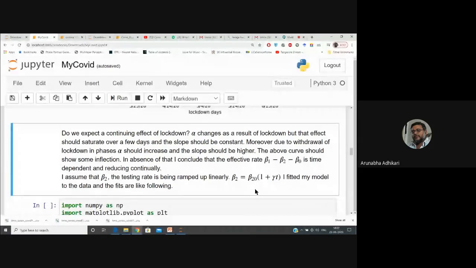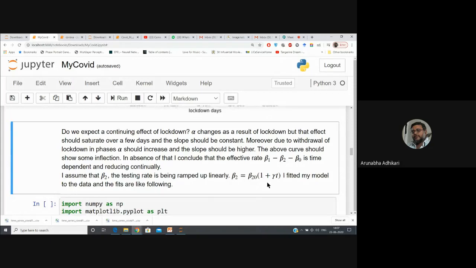There is some time dependence in the effective exponent. I believed, as a simple assumption, since the government is always saying that they are ramping up the tests, that beta 2 is the testing factor. So I assume that beta 2 is changing with time, changing linearly. That is an assumption, and therefore I can fit that quantity.